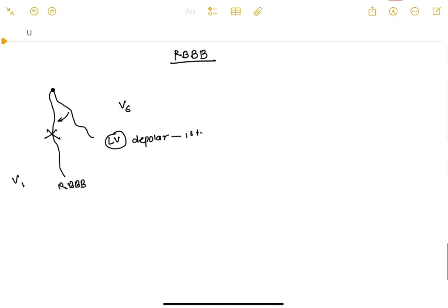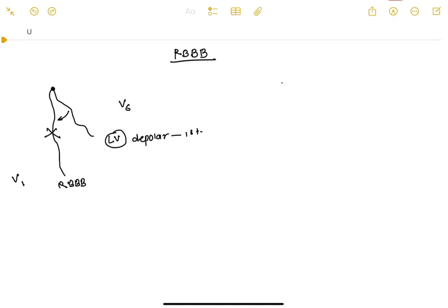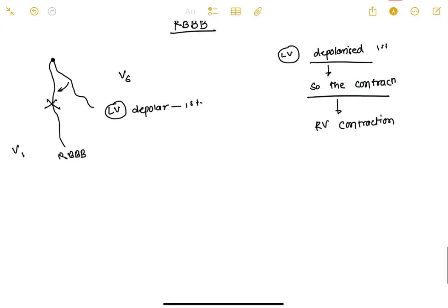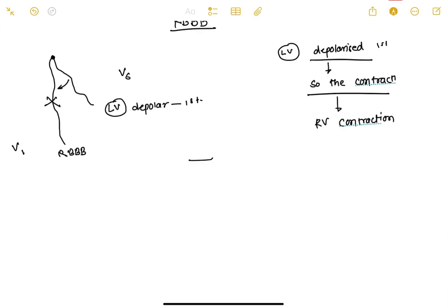What exactly happens in RBBB? So in RBBB, left ventricle depolarizes first, so the contraction, then right ventricle contraction. Normally, suppose this is a normal QRS complex.